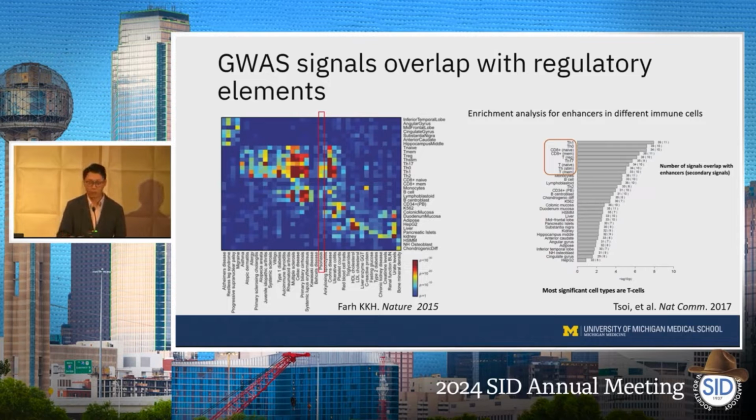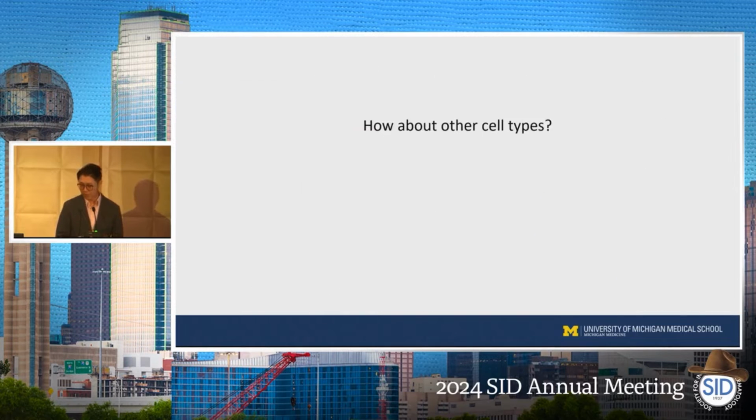We also replicate that in this study, showing that CD4 and CD8 active enhancers overlap with the GWAS loci. But what about other cell types?